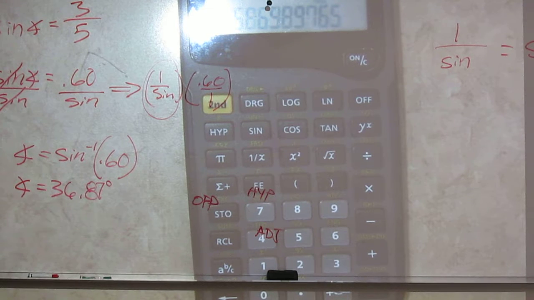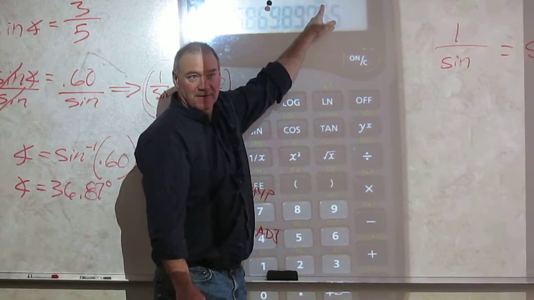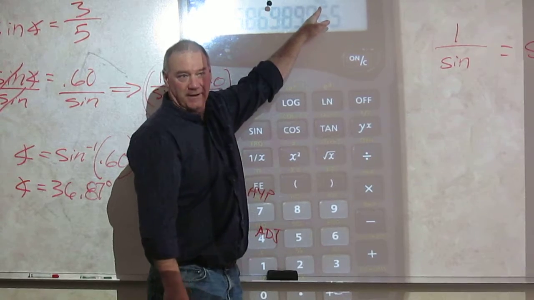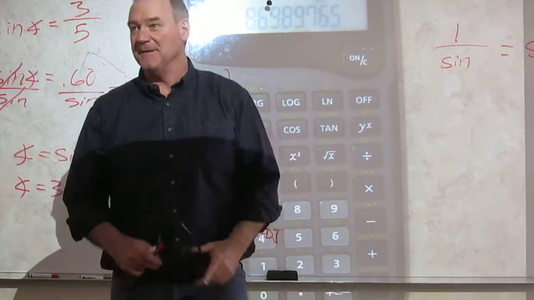Did anybody not get that number? Raise your hand if you didn't. Okay, the first thing to check is up at the top: is your calculator set to degrees or radians? It needs to be set to degrees.